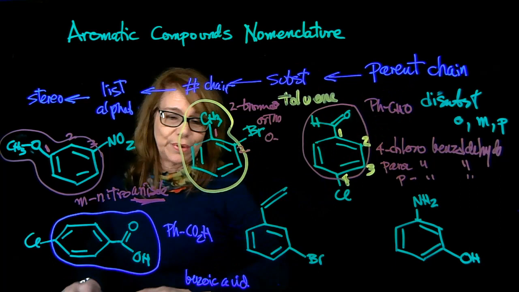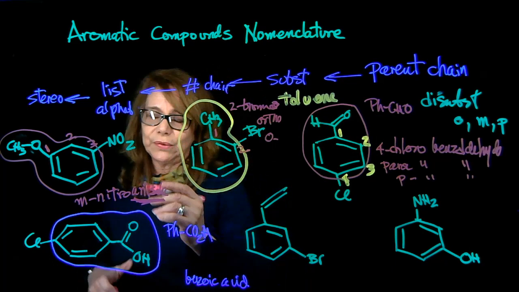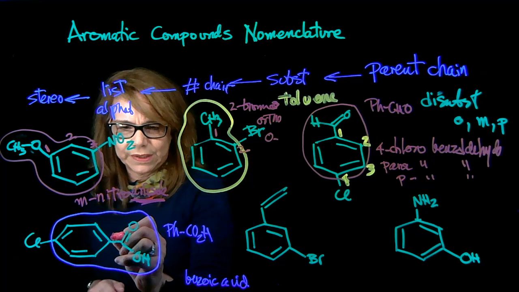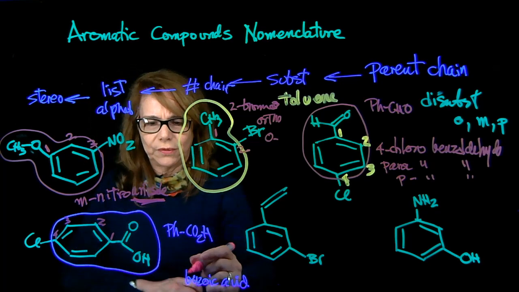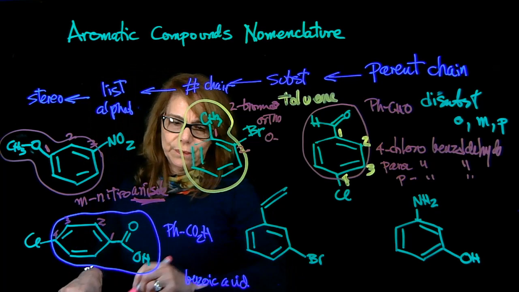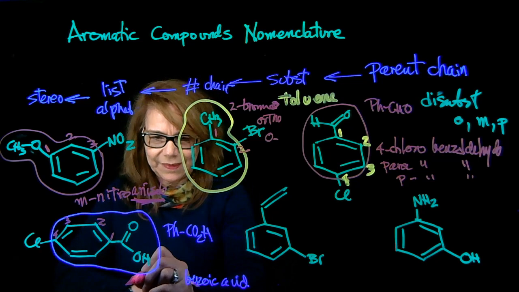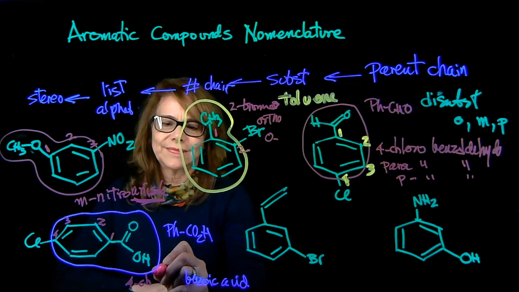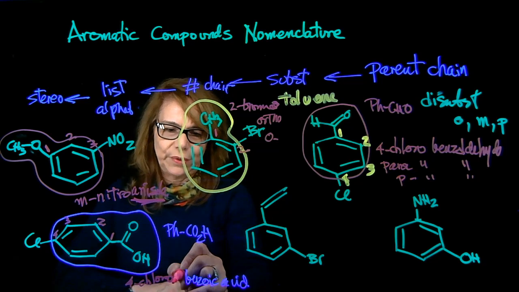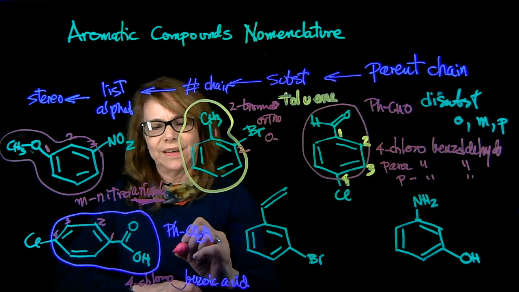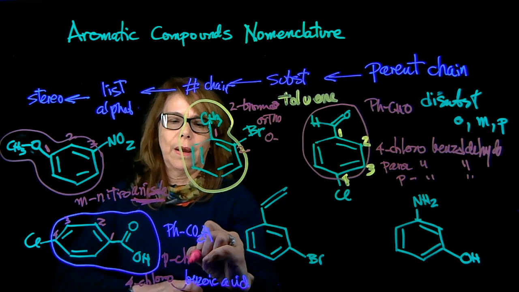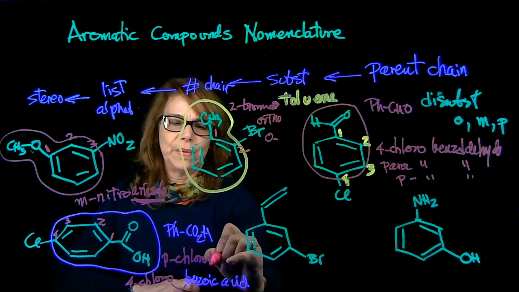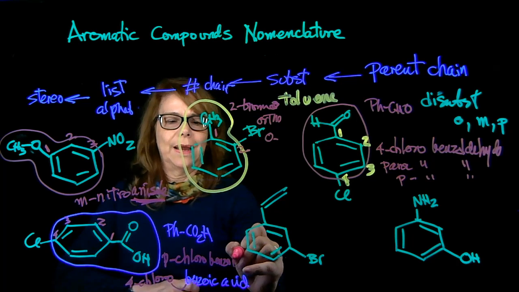Next step, I need to identify my substituent. So here we go, my priority, this is number 1, 2, 3, and 4. So this is 4-chlorobenzoic acid, or we can also say p- or para-chlorobenzoic acid.